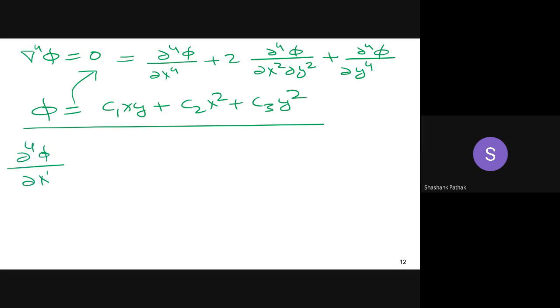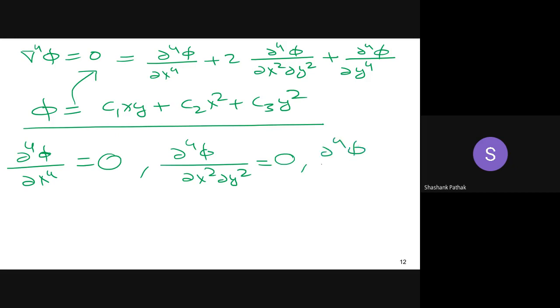What will be the value of this term? Rohit Kumar Verma. Sir, 0. Very good. What will be the value of this term? All will be 0.